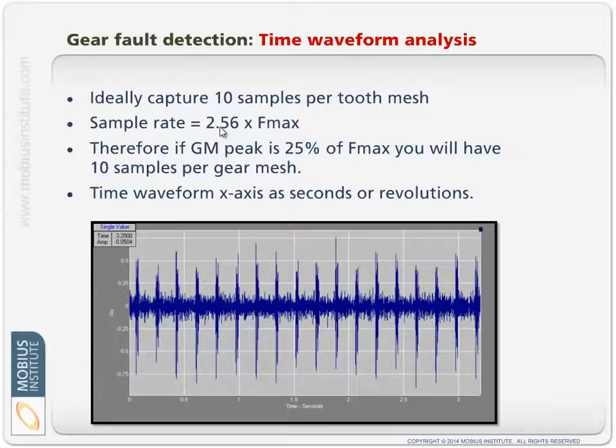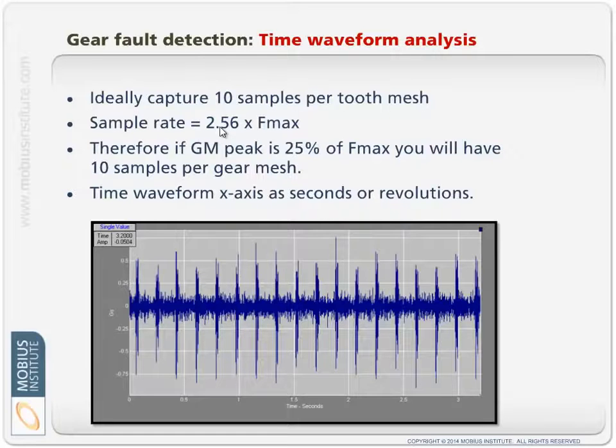So the simple thing is, if you set up a spectrum that is a minimum of 4 times the gear mesh frequency, you will have at least 10 samples per tooth mesh. That should mean that the spectrum you get is good, because you'll see 4 times gear mesh in your spectrum. That's good, and the time waveform should be good.